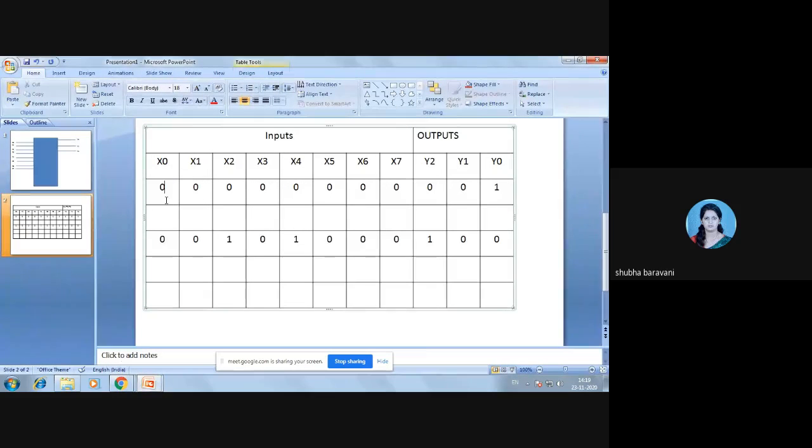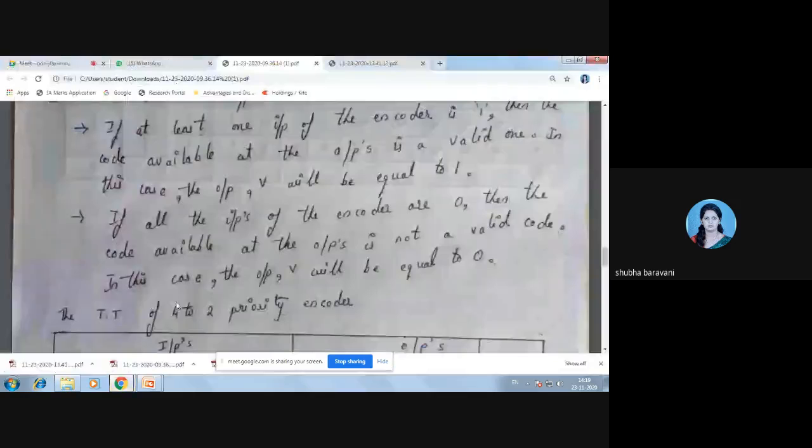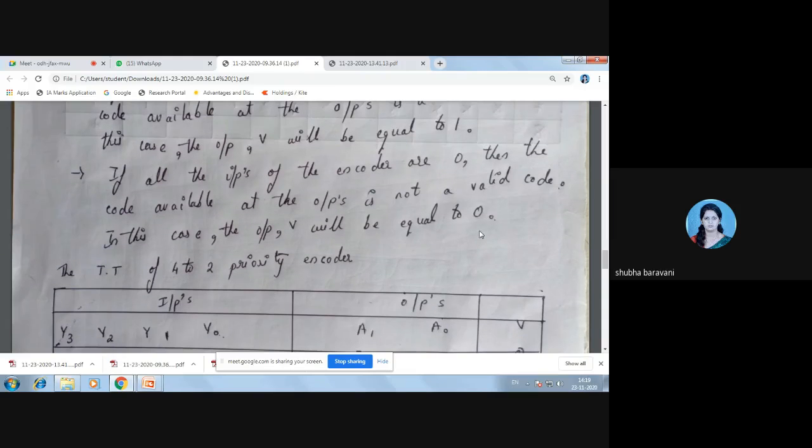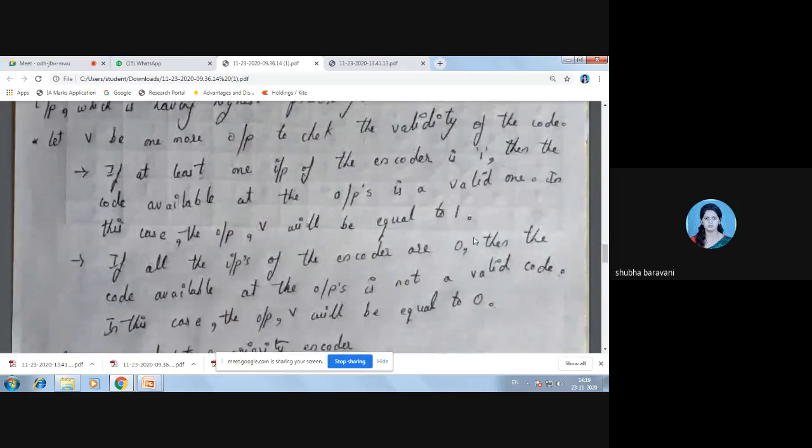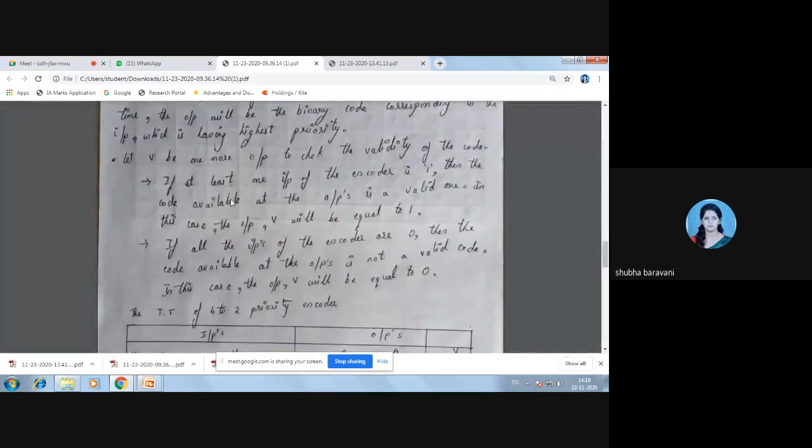If I make x0 also 0, if all the inputs of the encoder are 0, then the code available at the output is not a valid code. In this case, the output V will be equal to 0. Is this understood? What I have written here, is this understood?